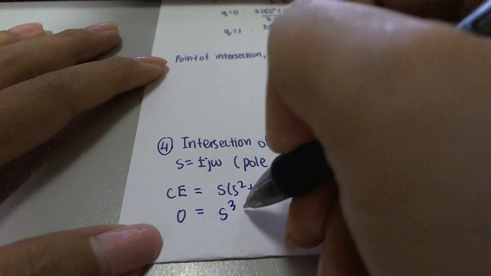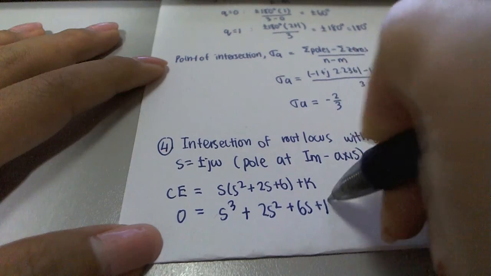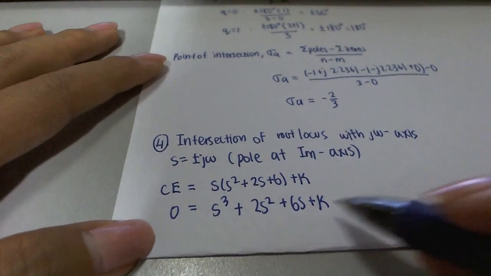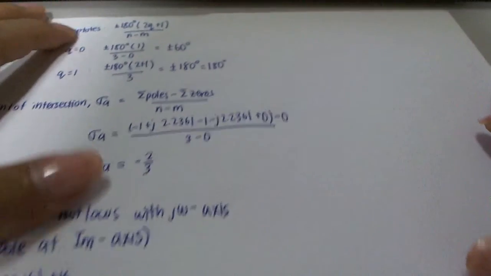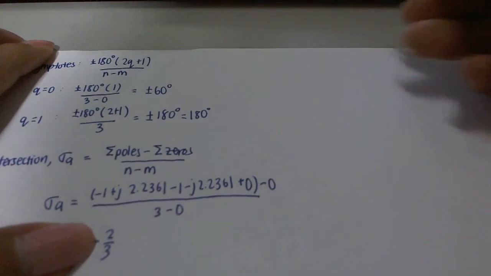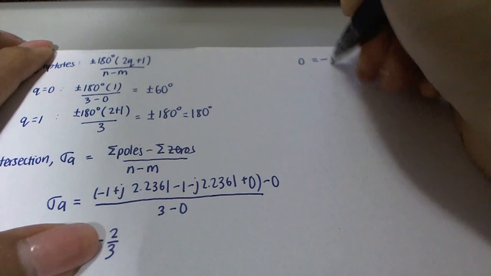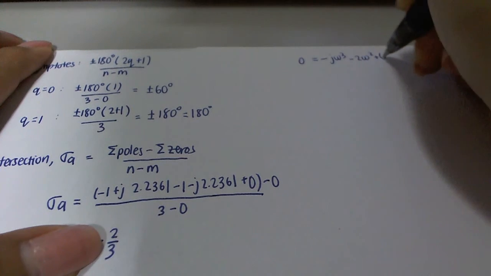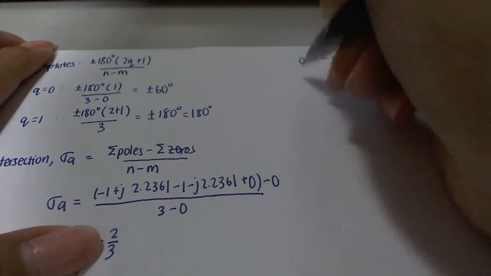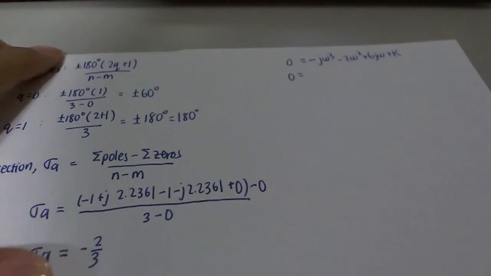We have S to the power of 3 plus 2S squared plus 6S plus K. So we sub in S equals plus minus j omega into this equation, which is then equal to 0, equals minus j omega cubed minus 2 omega squared plus 6j omega plus K. And then group all the real and imaginary terms together.